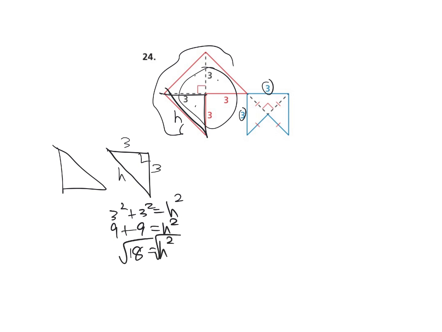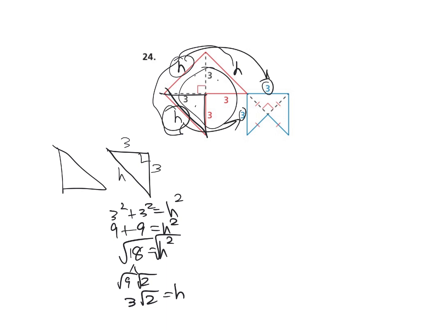Take the square root, and that's 9 and 2, or 3 square root of 2. That's h. And that's going to be h all the way around. All those legs are the same. Well, now we have different pieces here. We have the sides. This is to that side as this h is to that side.